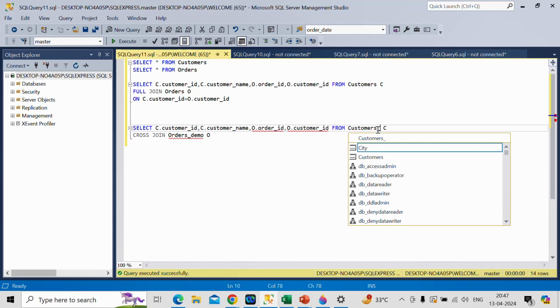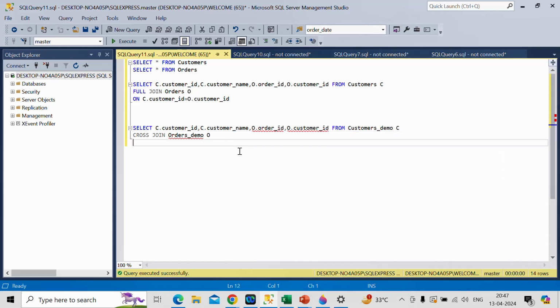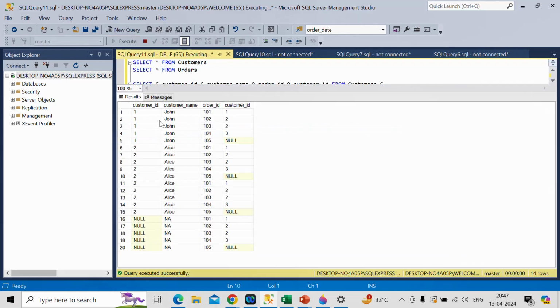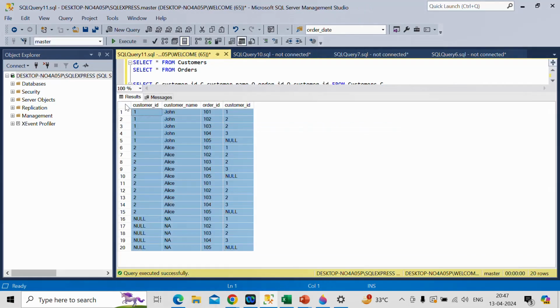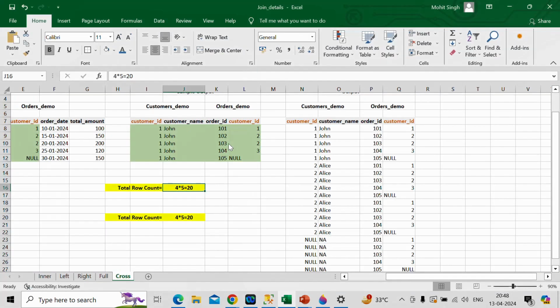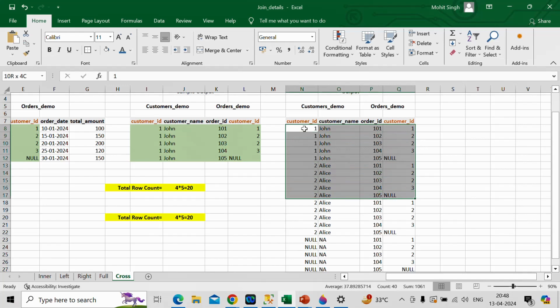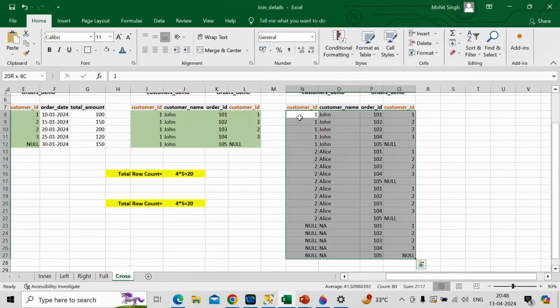I'll replace customers table with underscore demo. Okay, now I will run it. See, we got 4 into 5, which is 20 records. So these outputs will exactly match with our output, what we have discussed. Okay, so you can verify it.